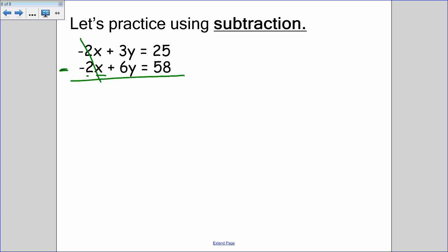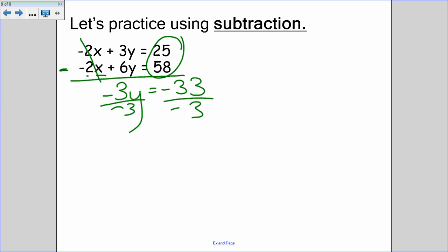Those are going to get eliminated. What is 3y minus 6y? Got negative 3y. And don't forget that you're also subtracting over here. What's 25 minus 58? Good, negative 33. If we divide by our coefficient, we get that y equals 11.